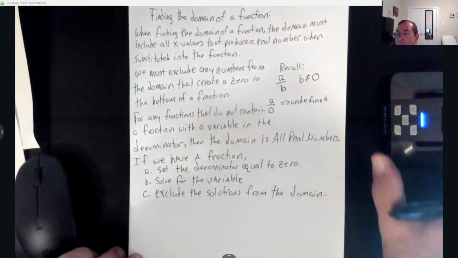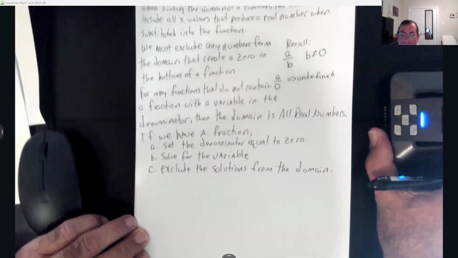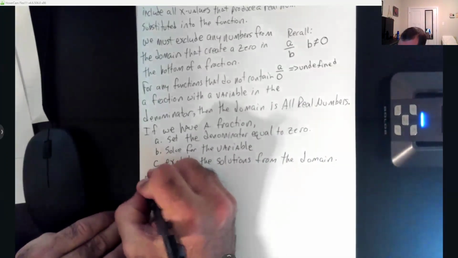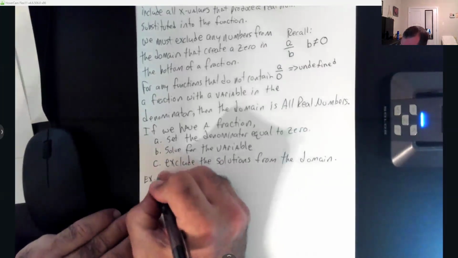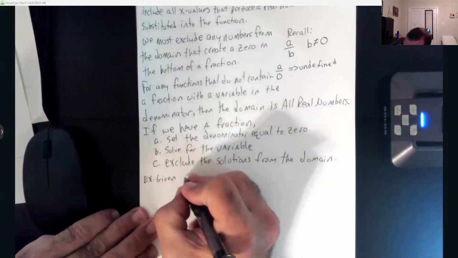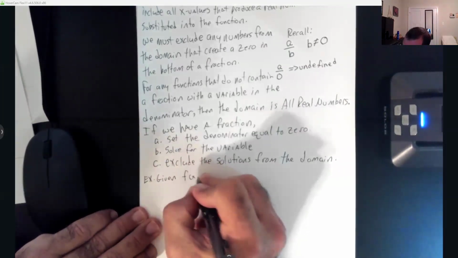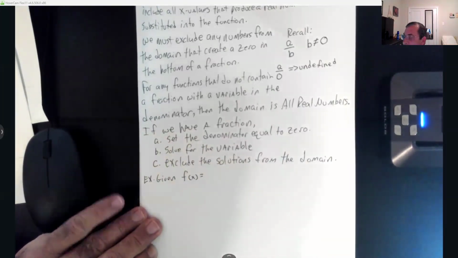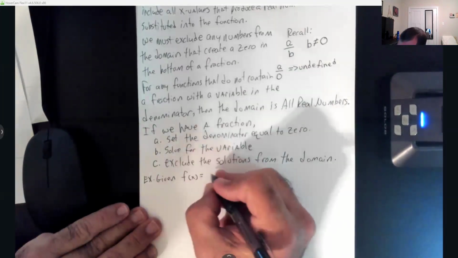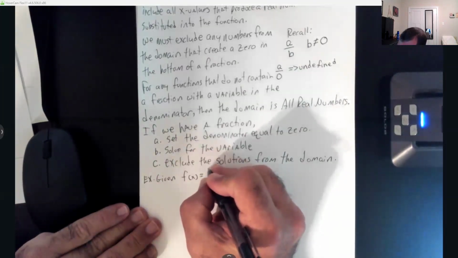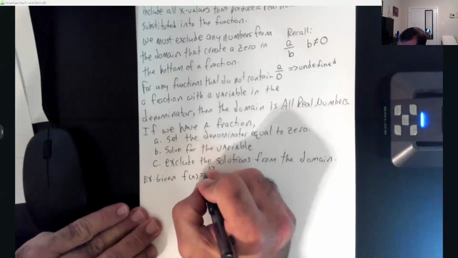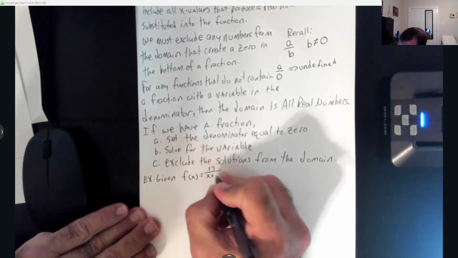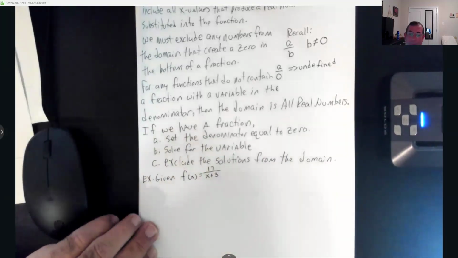Okay, so let me play with y'all a little bit before we do their exercises, just to get y'all an idea of this. So y'all, suppose I'm given a function, and my function is f of x equals, let me see what I want here. How about I get a 17 over x plus 3.